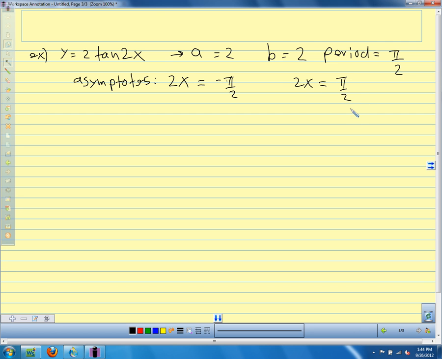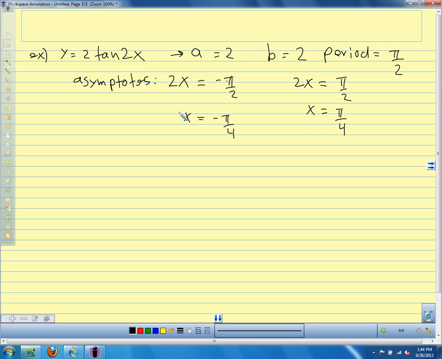This will give me my two successive asymptotes. I divide both sides by 2, so x equals negative pi over 4. Divide this equation by both sides by 2, x equals pi over 4. So two successive asymptotes at x equals negative pi over 4 and x equals pi over 4. Yes? Yes, 2x, whatever I'm taking the tangent of, that's what this thing is.